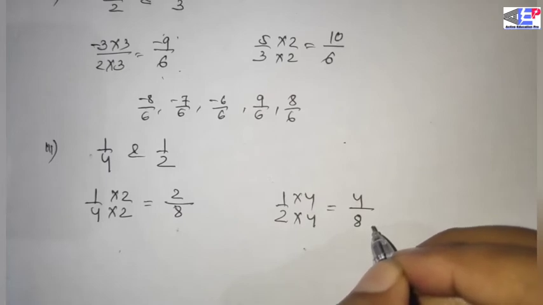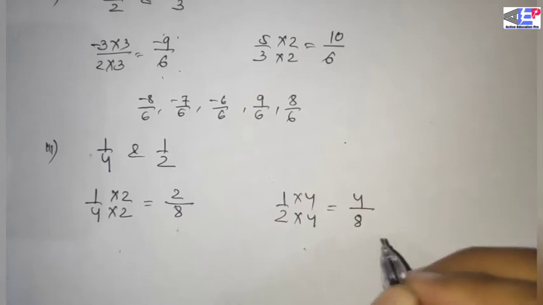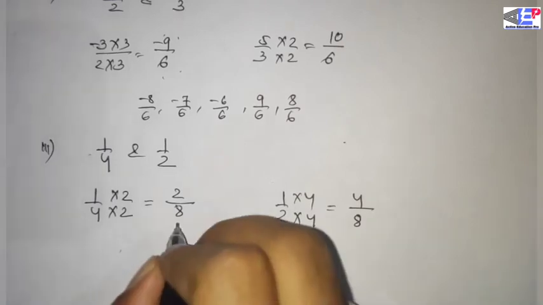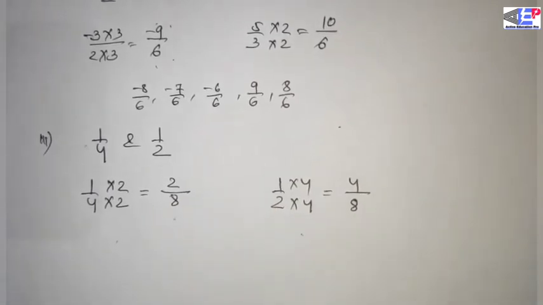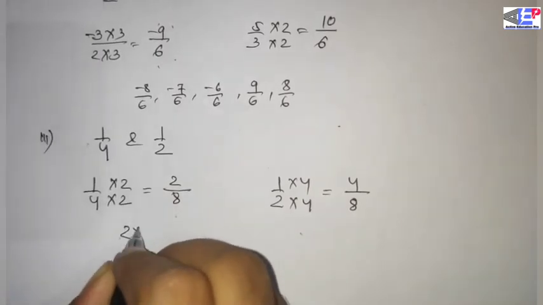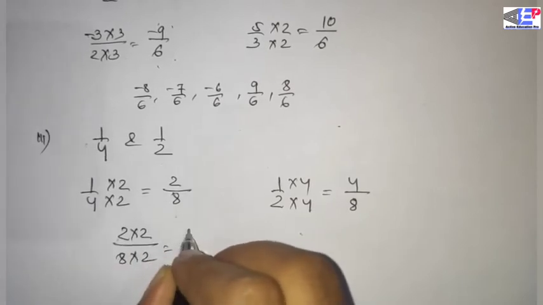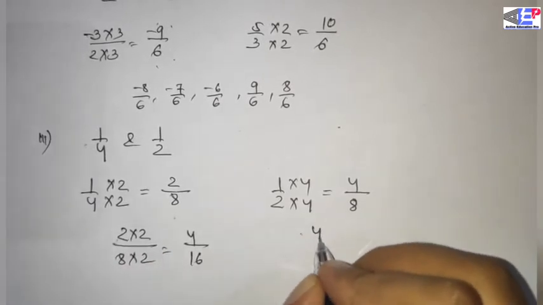There are no 5 rational numbers you can find between 2 by 8 and 4 by 8. So in this case again multiply with 2. 2 into 2, 8 into 2, it will become 4 by 16.